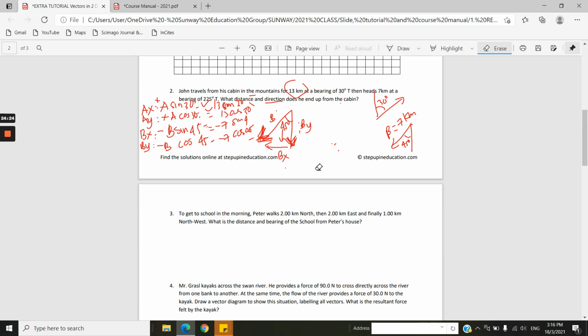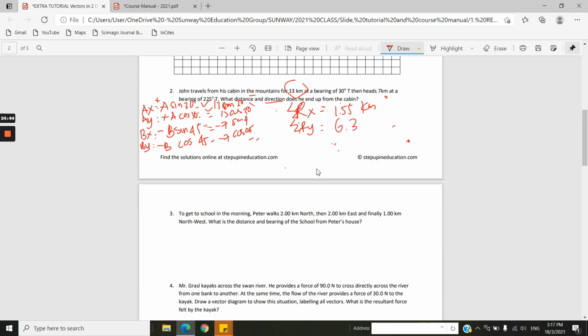You calculate by using your calculator, and at the end of the day what you get is the sum of vectors in X, the resultant in X and the resultant in Y. You will get 1.55 km, 6.31 km. Resultant by the Pythagoras theorem, you can get this value, and the angle that you get will be 76.2 degrees.